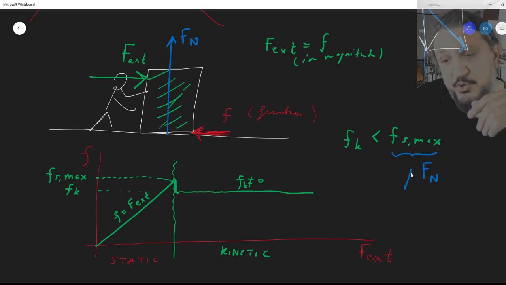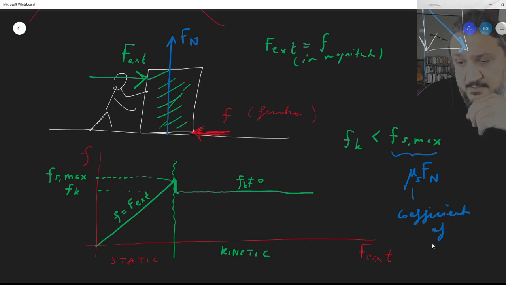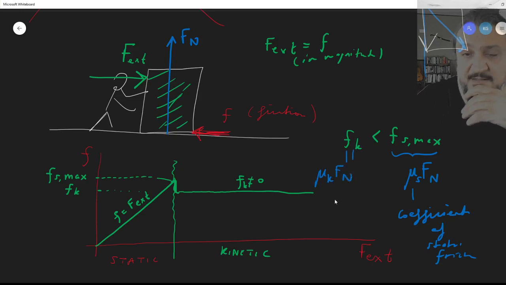The letter mu is that coefficient, so we call it the coefficient of static friction. In a similar fashion, you can define Fk as mu k times Fn, and obviously mu k has to be a number less than mu s.